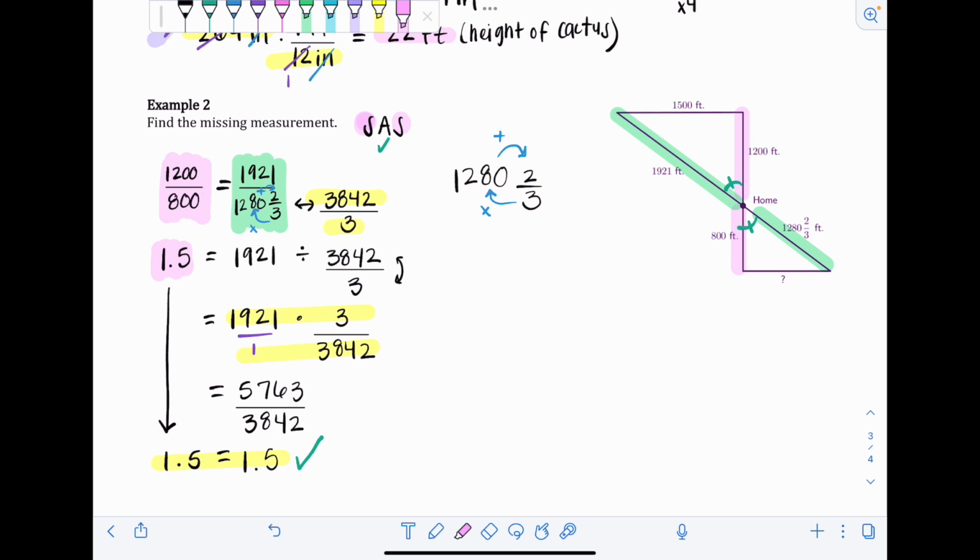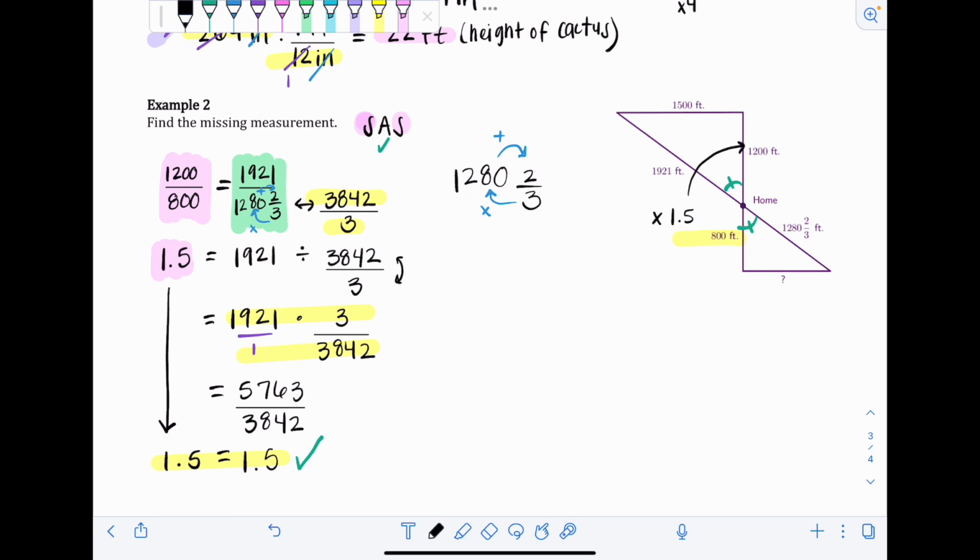Okay, so now the ratio between the sides is 1.5. We just found that it's 1.5. That number is bigger than 1, so you would have to assume that that's the number we would multiply the smaller sides by to get to the bigger side. In other words, if I take 800 and multiply it by 1.5, that would give me the 1,200.